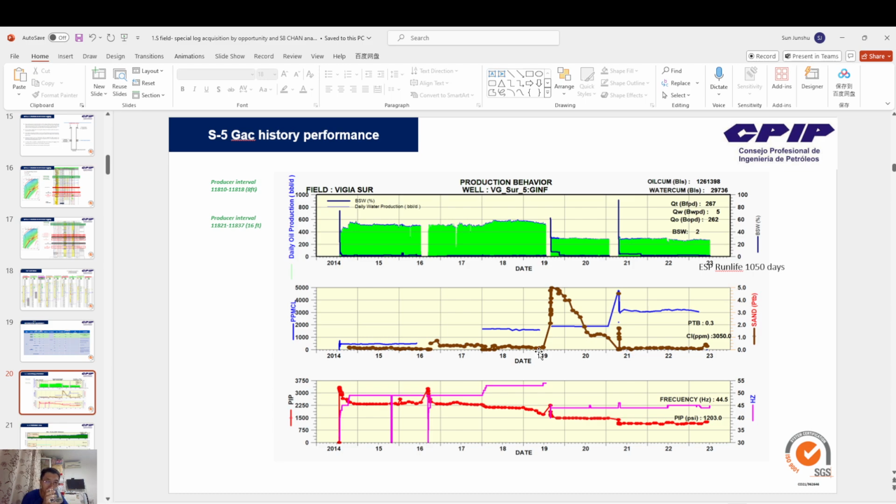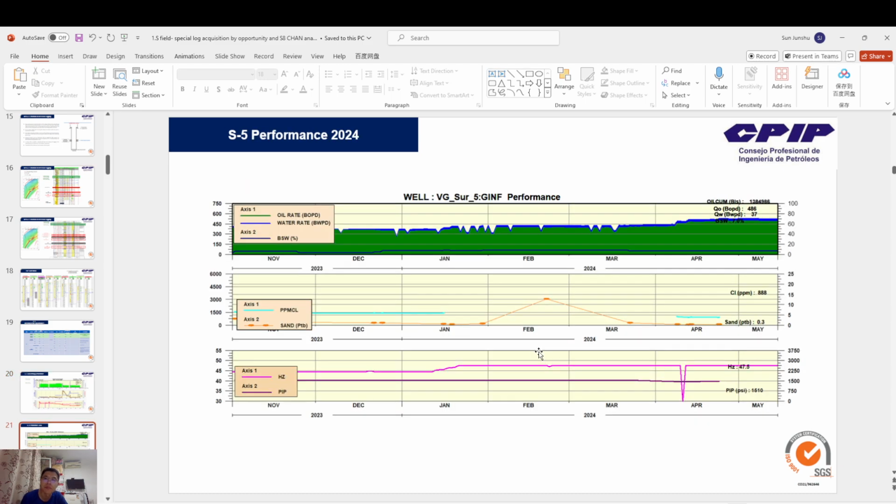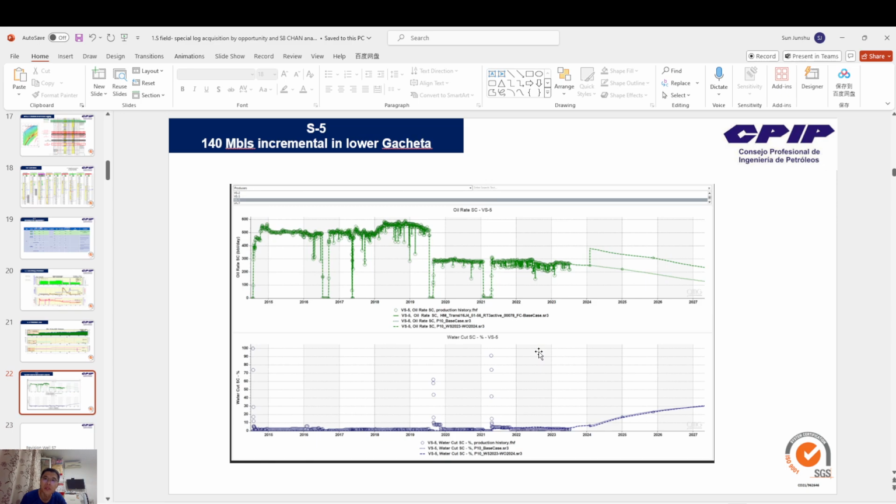Sand production around 0 to 5 ppb. This is the forecast. There is around 140,000 barrels incremental in the lower Gajita.